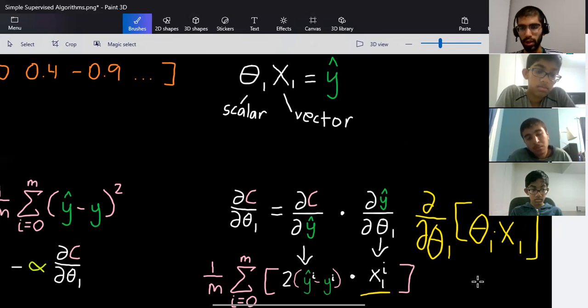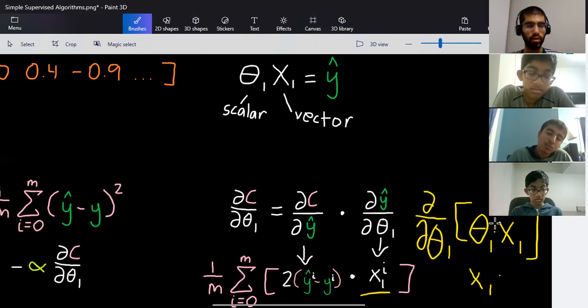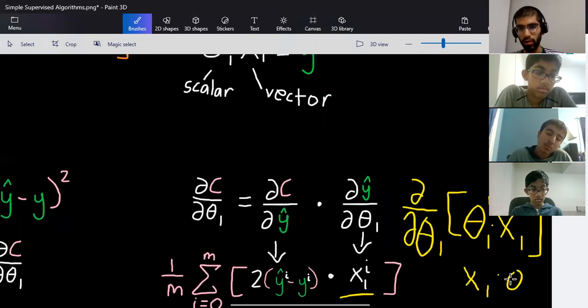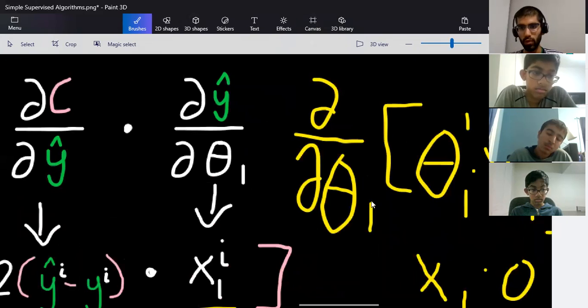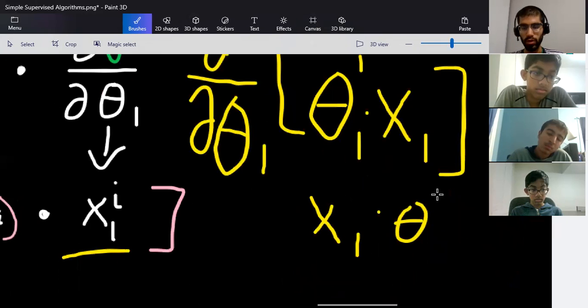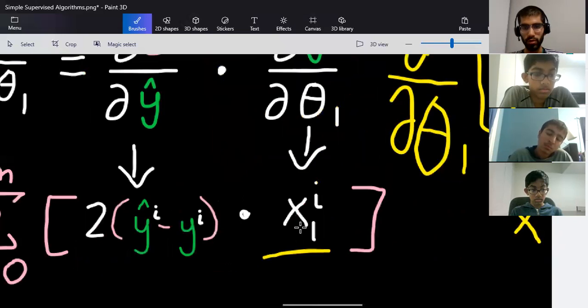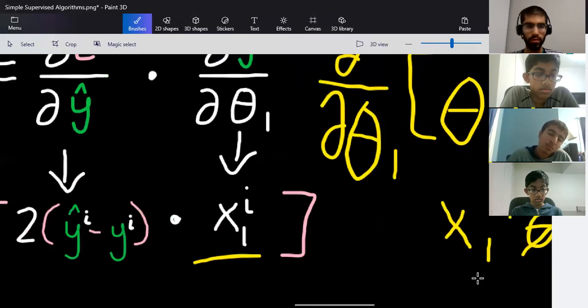So you take all the constant stuff over here, x1, and then multiply that by theta 1 raised to the power of 1 minus 1. Theta 1 raised to the power of 0 is just equal to 1. So in the end, you're just left with x1.